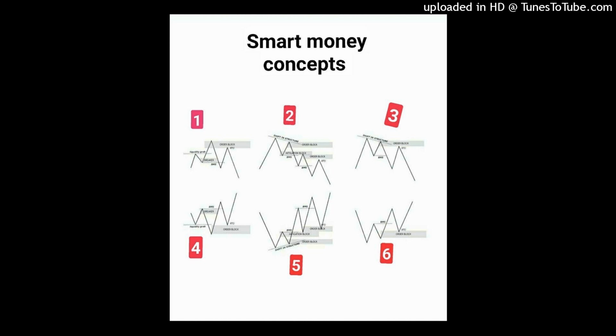What indicators can you use to make this easier? The easiest one is the sessions indicator. I just use this one, and it looks quite ugly when it comes onto the chart. It's loading. While that is loading, I'm going to take off London and New York and just highlight the Asia session.